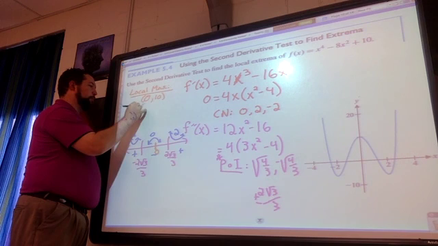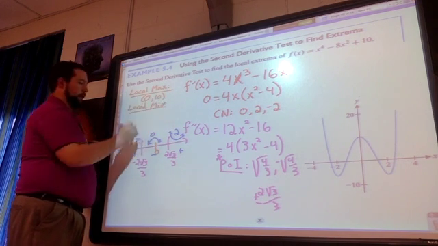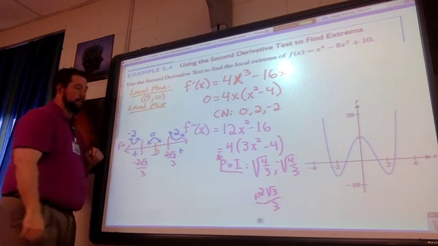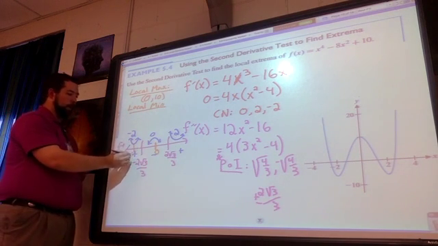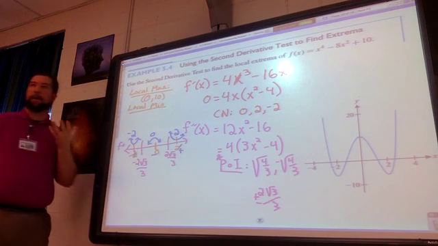Now I have local mins at negative 2 and positive 2, because those are in the intervals where the graph is concave up.